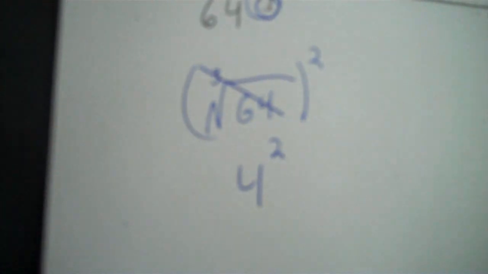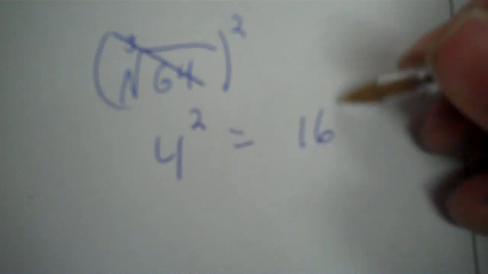So what times what times what, because it's the 3rd root instead of the 2nd root, is 64? 1 times 1 times 1, nope. 2 times 2 times 2 doesn't get the job done. 3 times 3 times 3 doesn't. 4 times 4 times 4, 64. So you cross that out and you put 4 to the 2 power. 4 to the 2nd power is 4 times 4, and that's 16. So that's equal to 16.